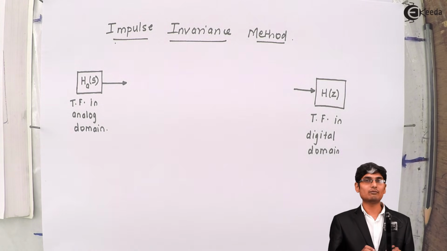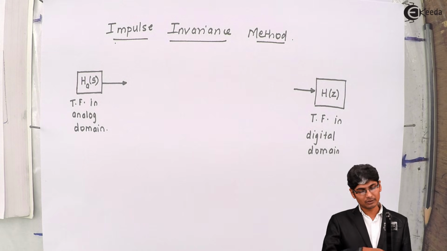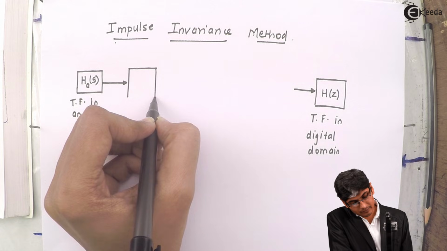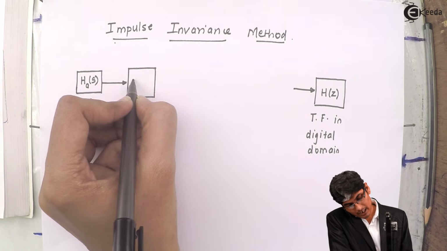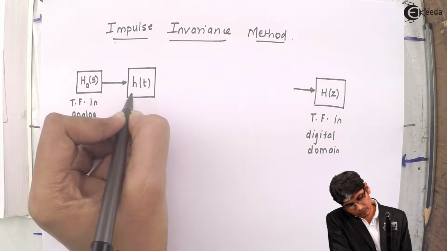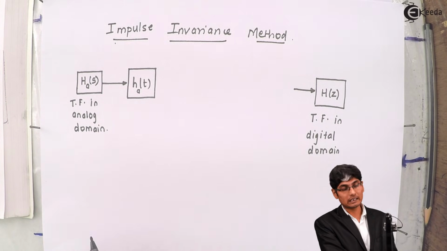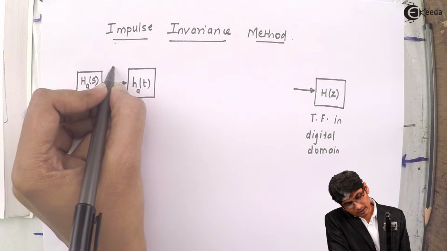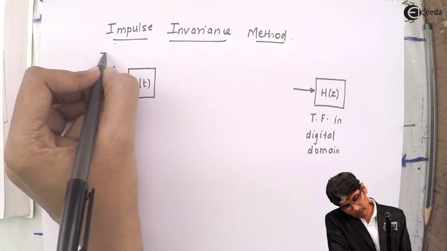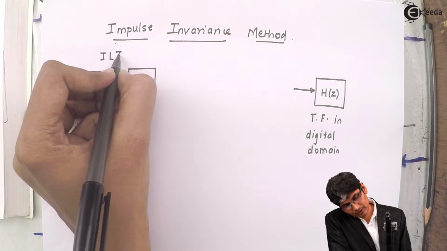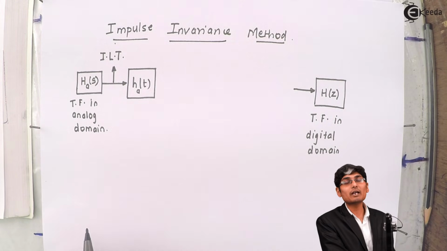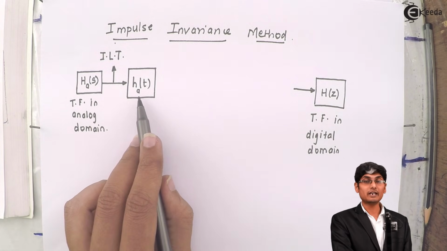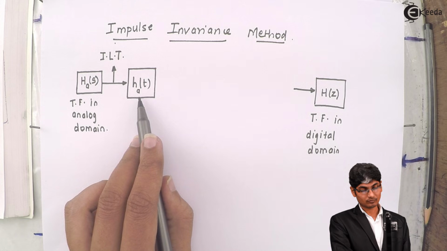In between, I have to do that mapping. How will we be doing it? In the first step, I will obtain H of t, which we call, let's say, HA of t. How can I do this? I will be applying inverse Laplace transform. So we'll be applying inverse Laplace transform on HA of S to obtain HA of t.